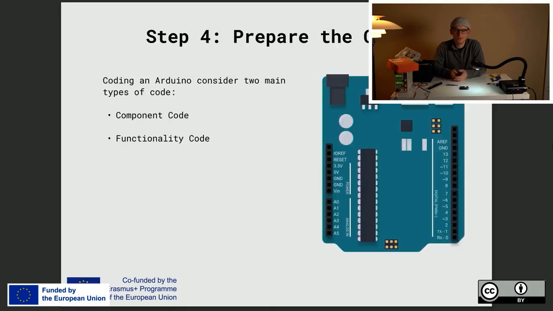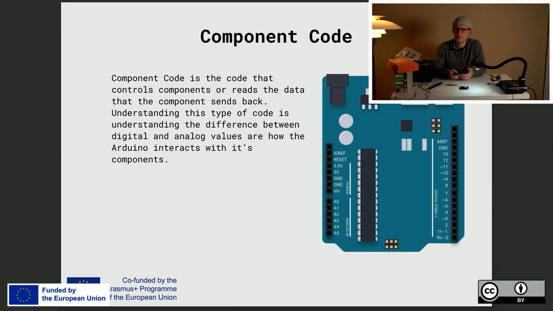When I work with Arduino code, generally I think there are two categories or types of code, and knowing the difference between the two is really useful. I call these types component code and functionality code, and they're very different in nature. Component code is code that interacts with the pins, that interacts with components like the LED.